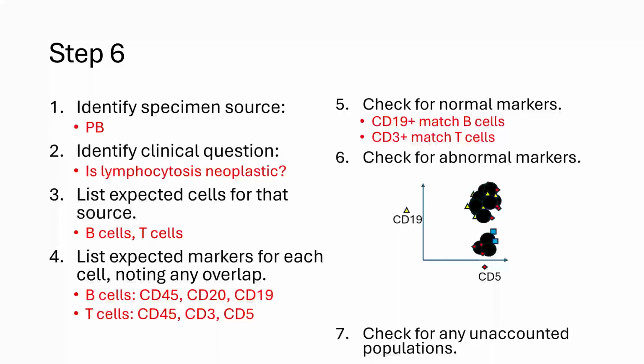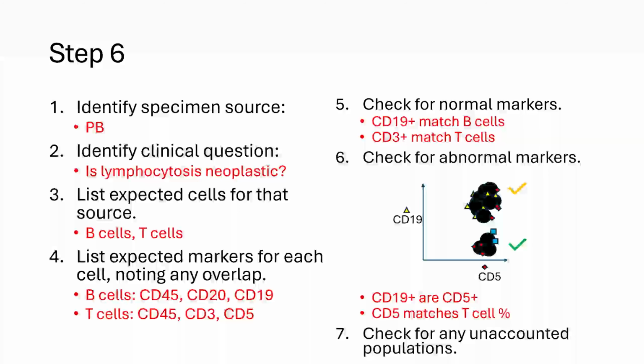We use CD5 as an abnormal marker. In this chart, CD5 is expressed on the CD19 expressing cells, which is abnormal for B cells. However, CD5 is expressed in the CD19 negative cells, and that matches our T cell percentage.